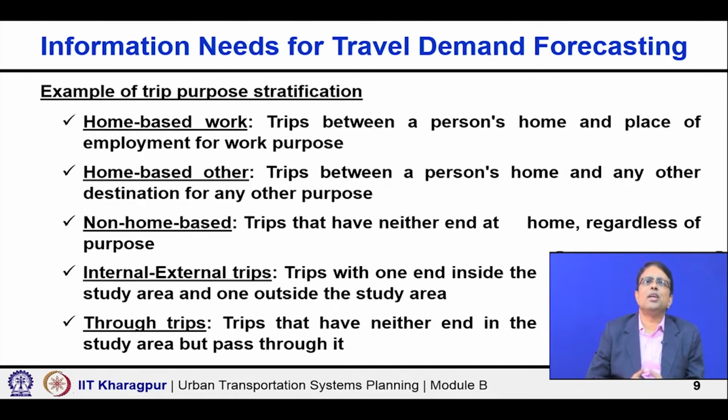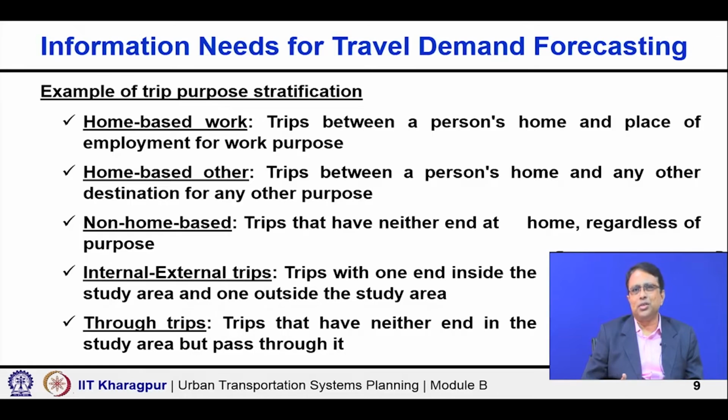Some of the examples I gave: trip purpose stratification, for example, home based work, home based other, non home based trips. So, what do they mean? Home based work means trips between a person's home and the place of employment for work purpose. If one end is home, the other end is work, it does not matter.